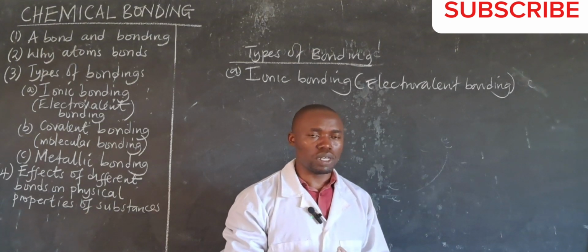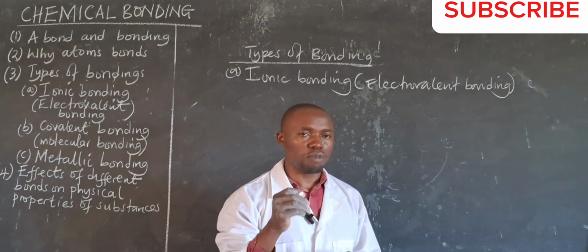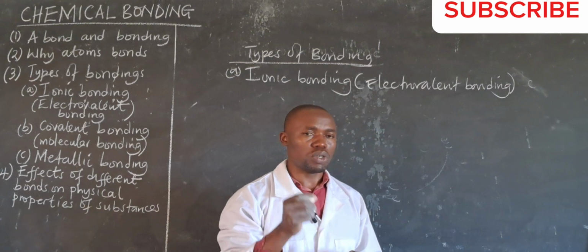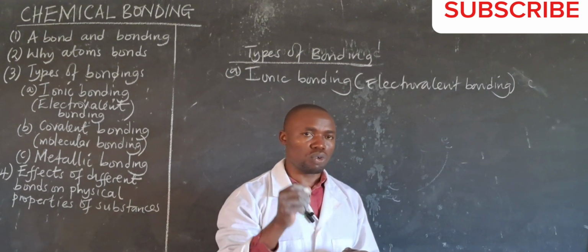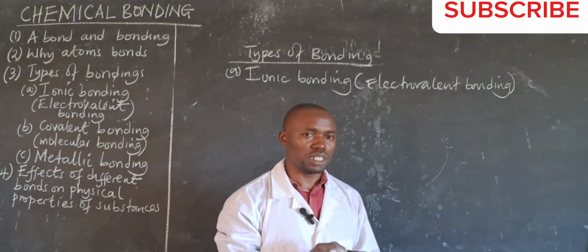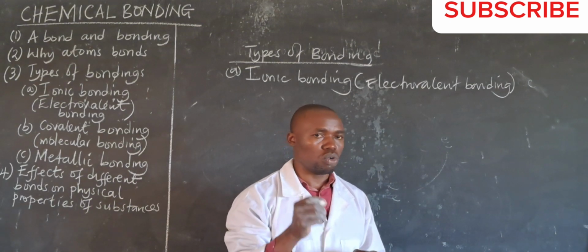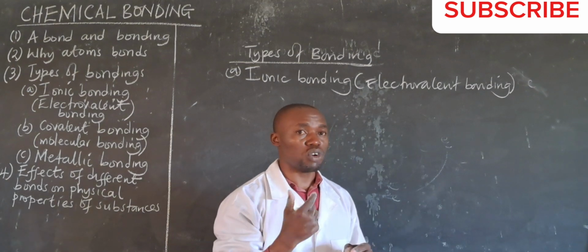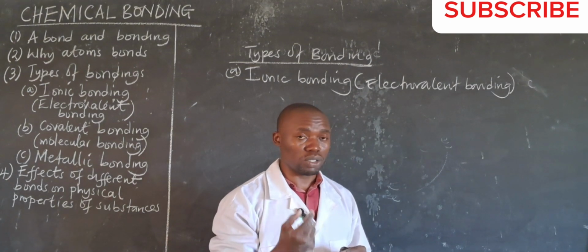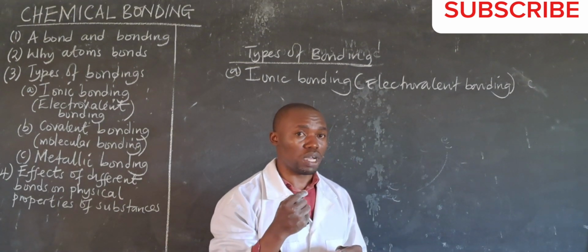So what's ionic bonding? Ionic bonding is the type of bonding that occurs between a metal atom and a non-metal atom through transfer of electrons from the metal atom to the non-metal atom. Indeed, metal atoms have fewer electrons in the outermost shell, about 1 to 3.